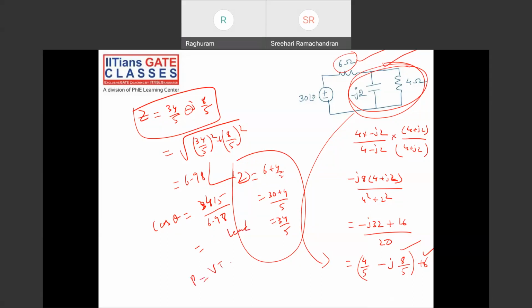Power is VI cos theta. I is again 30 at an angle 0 by Z. You have to find VI cos theta, which is the power. You need your calculators to solve this. I'm just giving you the example to solve this.